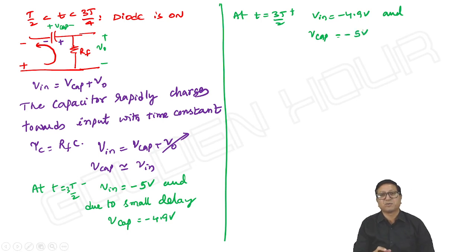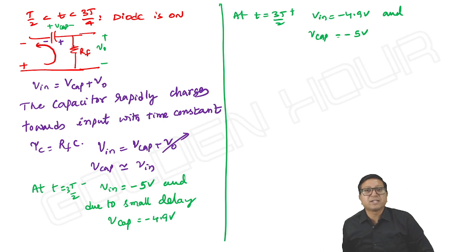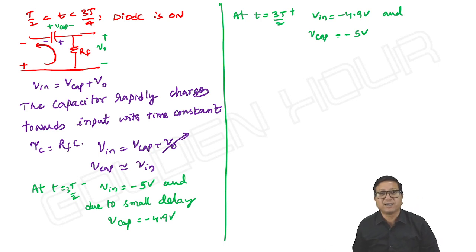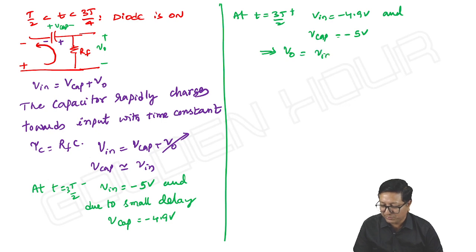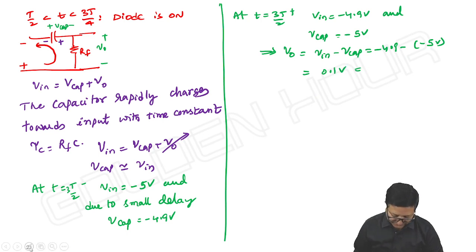The concept, story, everything is same. Instead of taking positive quarter cycle, I am taking here negative quarter cycle, which implies V output is equal to V input minus V capacitor. It is minus 4.9 minus V capacitor, which is minus 5. Ultimately, it is equal to plus 0.1 volt. And of course, what is VD? VD is equal to minus V output, as I mentioned.